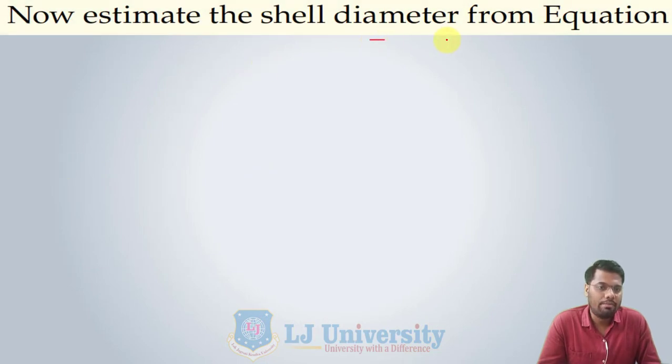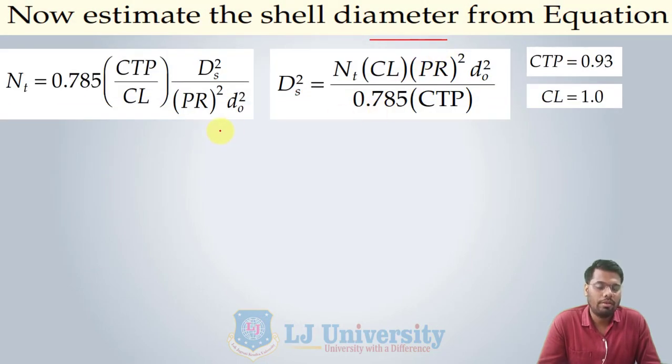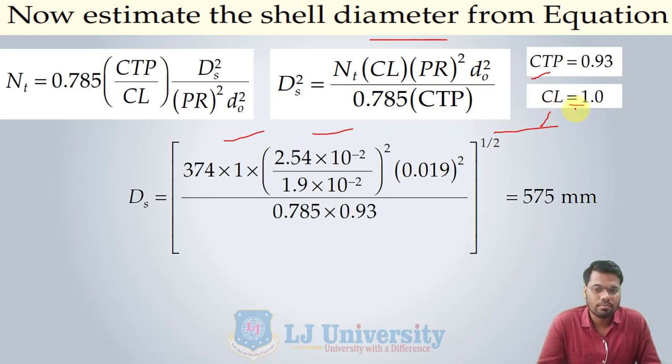Now estimate the shell diameter from the equation. We derived this equation in our previous lecture to calculate the shell diameter. According to our configuration, the CTP would be 0.93 and for the square layout the layout constant CL would be 1.